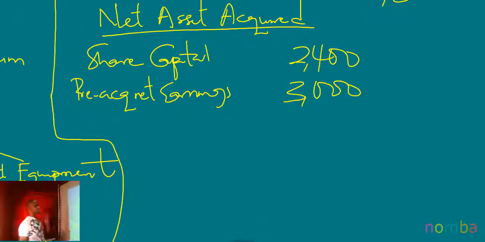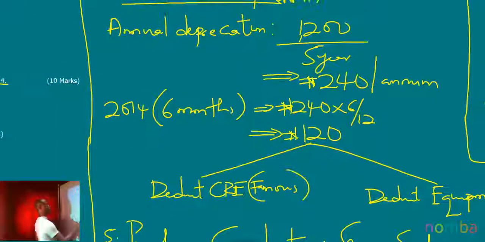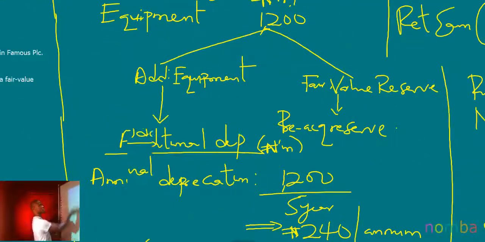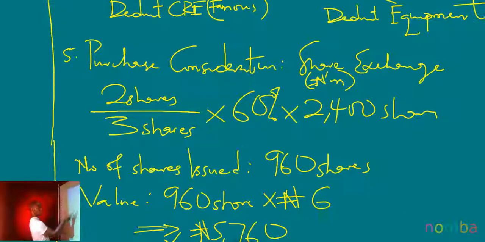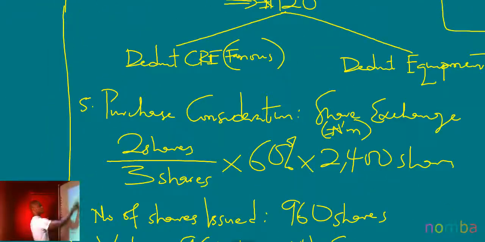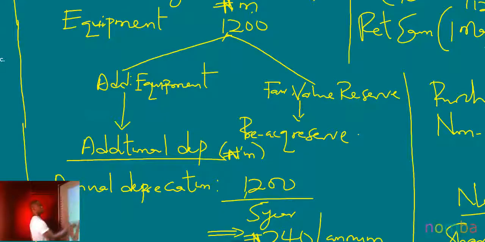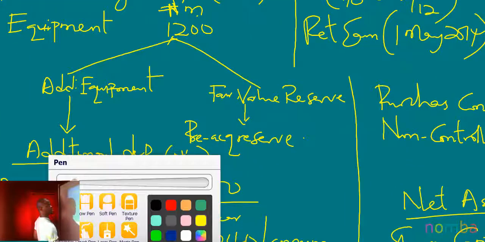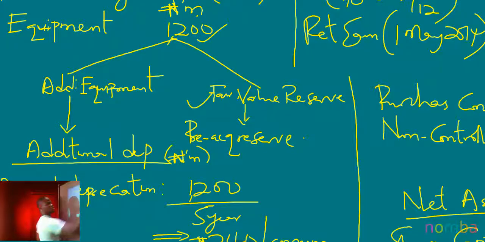And there is one other reserve which I don't want you to forget, which is the fair value reserve that arises as a result of the fair value adjustment. So where is that fair value reserve? I think it was workings 3. Yeah, workings 4. Fair value reserve. Okay, this fair value reserve of 1,200. Let's add it because we said it to be a pre-acquisition reserve.